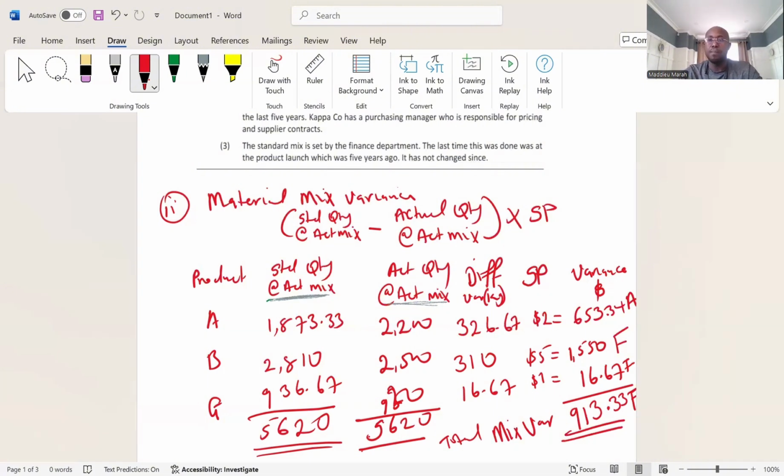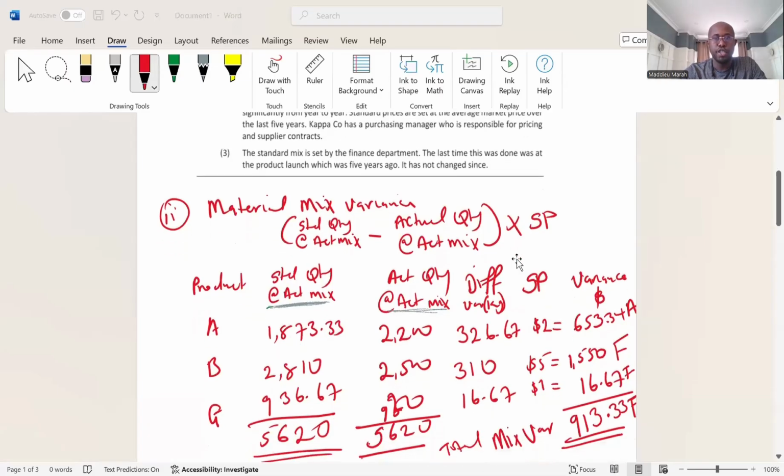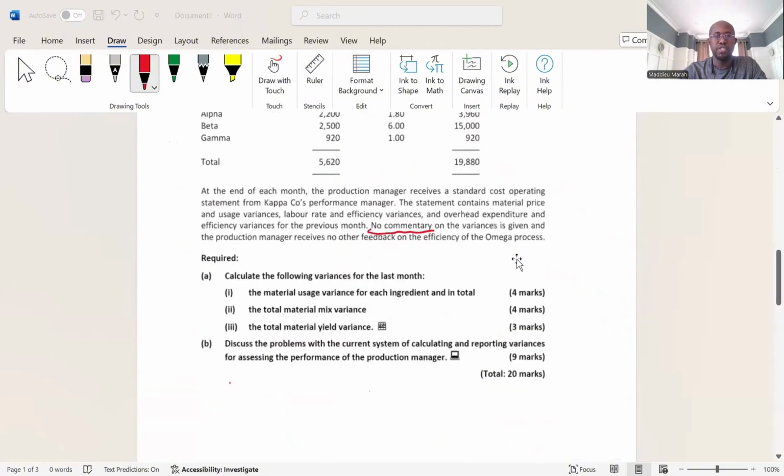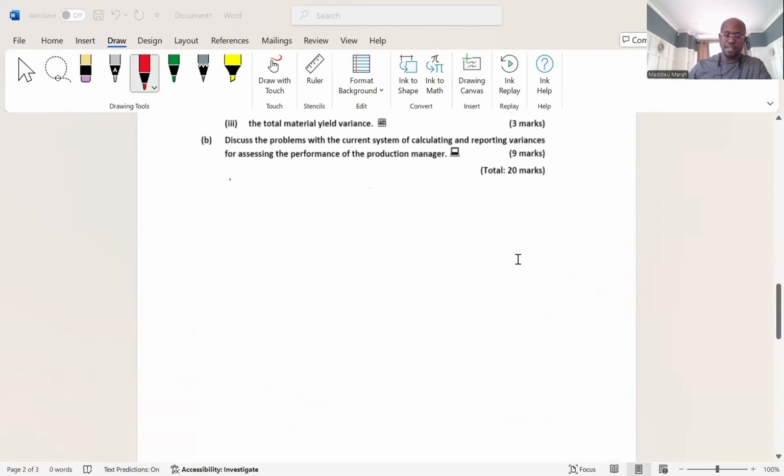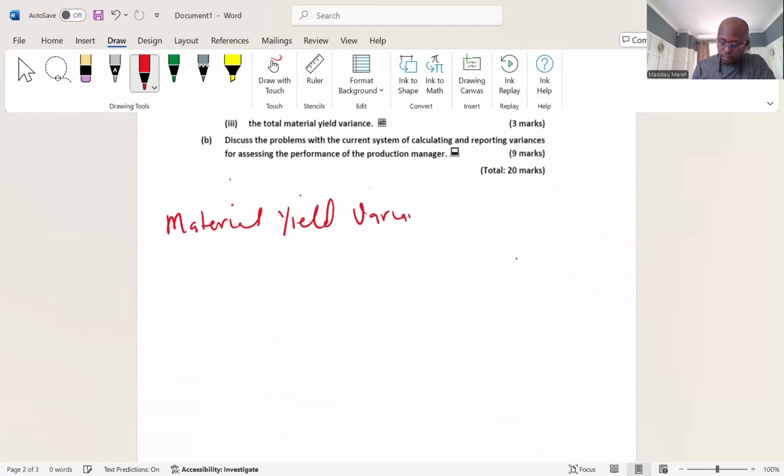Okay, let's go to part C now, material yield variance. I will use this area to do my yield variance. I have a formula for material yield variance, so I should apply it.